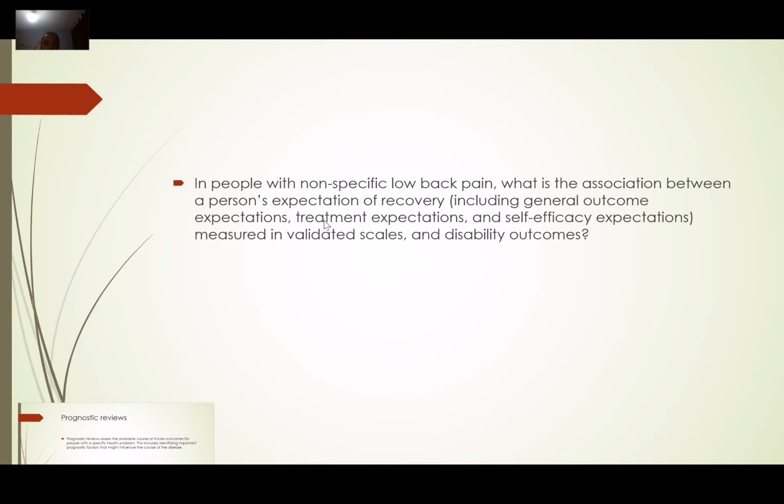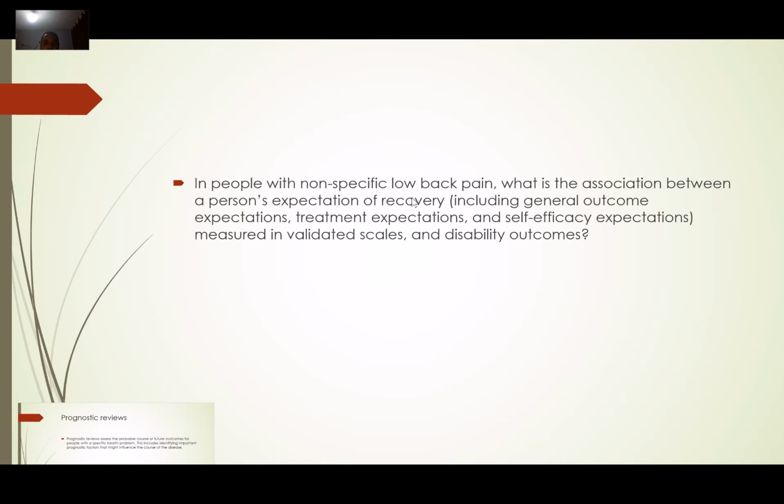For example, for a prognostic question: in people with non-specific low back pain, what is the association between a personal expectation of recovery, including general outcome expectation, treatment expectation, and self-efficacy expectation measured in a validated scale, and disability outcome?